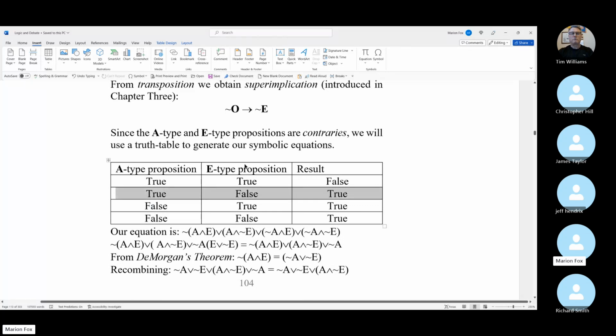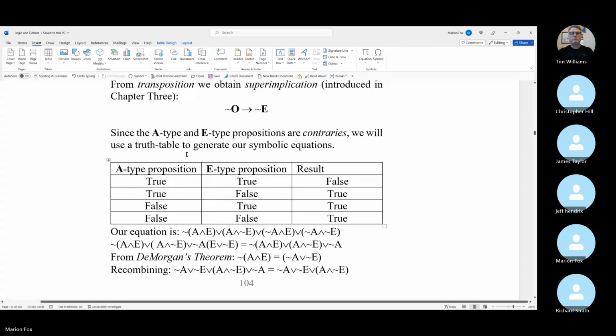That's a possibility. So that's our second possibility. Third possibility is A could be false and the E true, and that is possible. The fourth condition is they could both be false, and that's certainly possible to happen. So we have three possibilities that could happen, but one that cannot happen. They can't both be true.